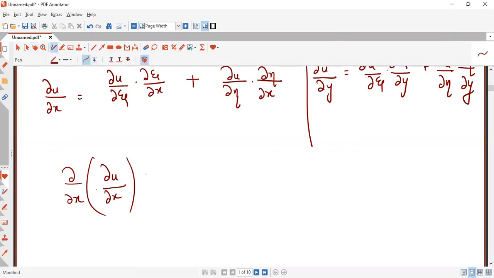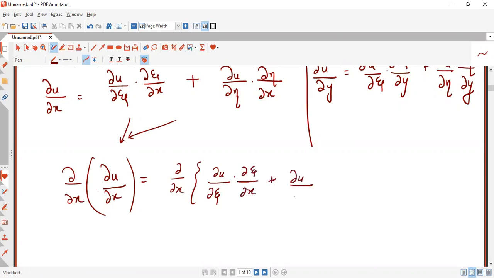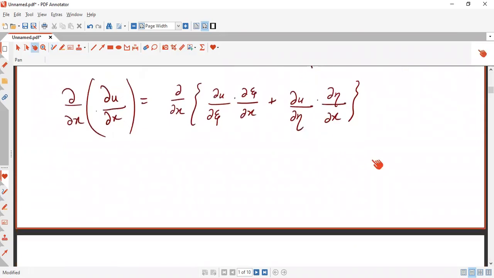See what that will become. This is your del u by del x, correct? So del by del x of what you will do? Del u by del xi into del xi by del x plus del u by del eta into del eta upon del x. How will you differentiate this now?